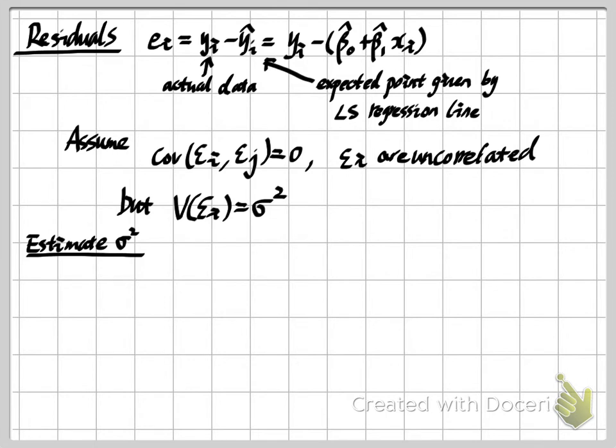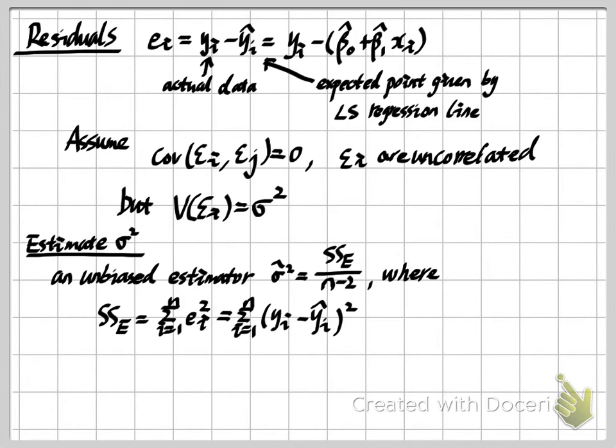We denote this by sigma square hat, and it has this formula: SSE divided by n minus 2. The SSE is the sum of the squares of our residuals. This is the equation for our SSE, and this is an unbiased estimator of our sigma square.